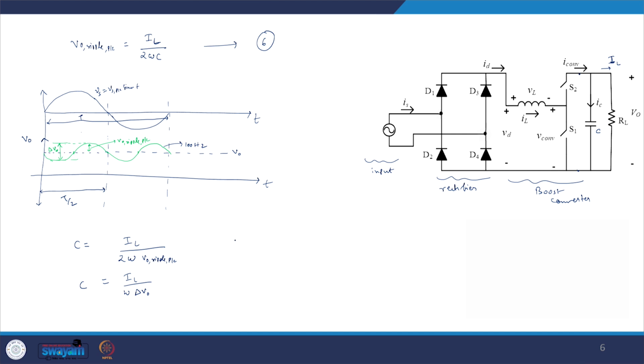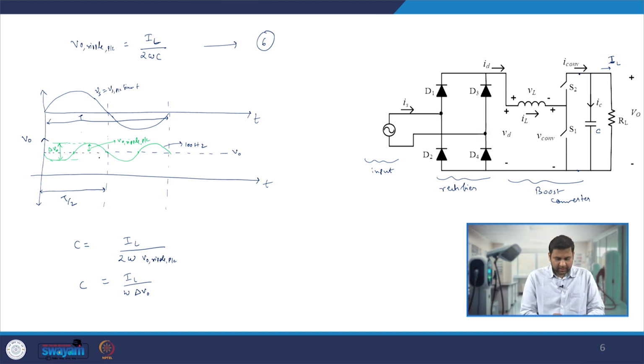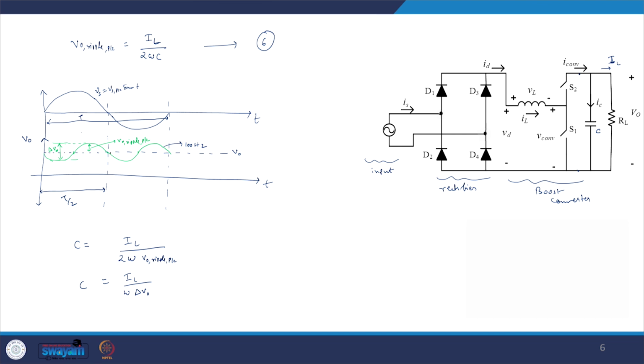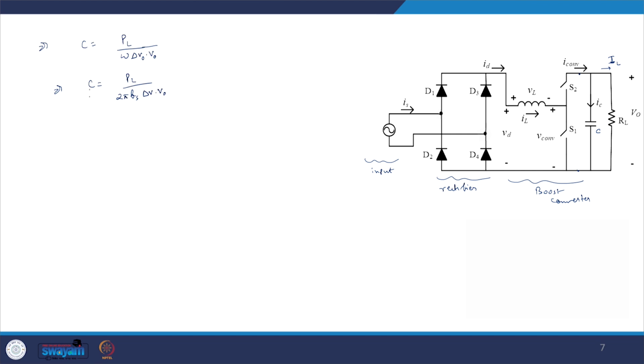So this is what we understood, that the output voltage comprises the DC voltage over which there is a voltage ripple, which varies because of the second line harmonic current, and that ripple is also varying with the second line harmonic frequency. So that's why this ripple will be defined in this manner.